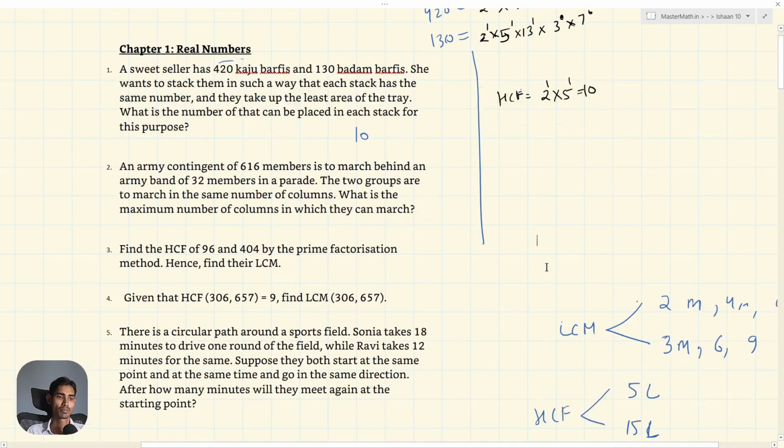Second one. We just need to guess what we have to find. You can solve the question yourself later. Just tell me what you have to find.